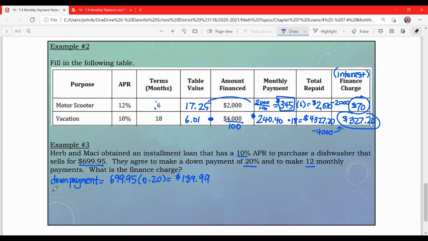Then we need to find the amount financed. To do that, you take the cash price of the dishwasher, $699.95, and subtract off the down payment, $139.99, and that gives you an amount financed of $559.96. Then I need to find the monthly payment.